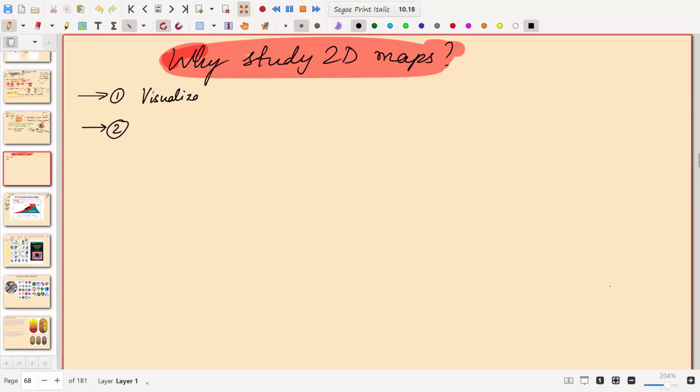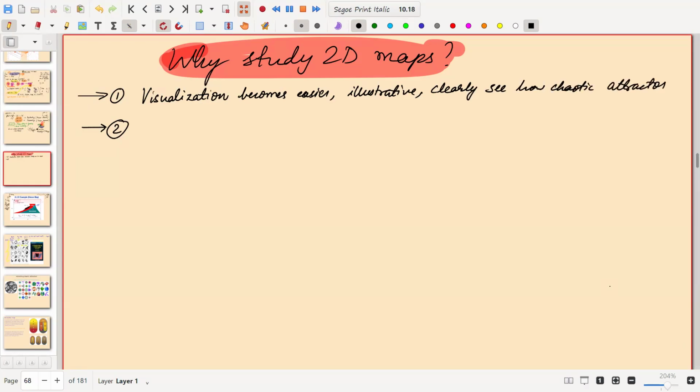Visualization becomes easier, and it is illustrative also. You can clearly see how a chaotic attractor evolves and looks like.